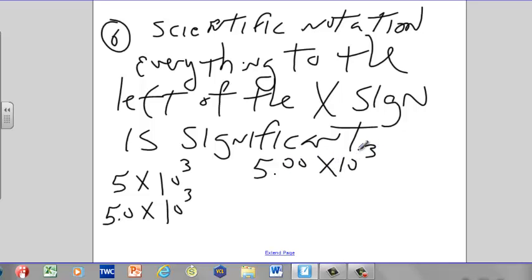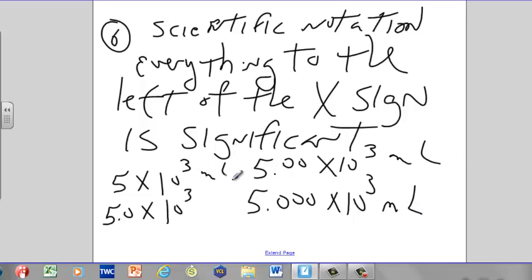And if I want it to be 4 significant figures, I say 5.000 times 10 to the third milliliters. Much, much easier than this whole convention of where am I going to put the decimal point? Am I going to put a bar over the top? Much easier just to write it in scientific notation. Then I have no ambiguity about how many significant figures I have.